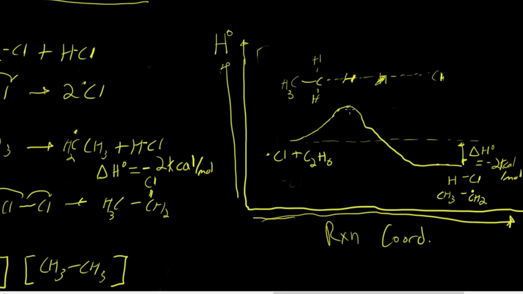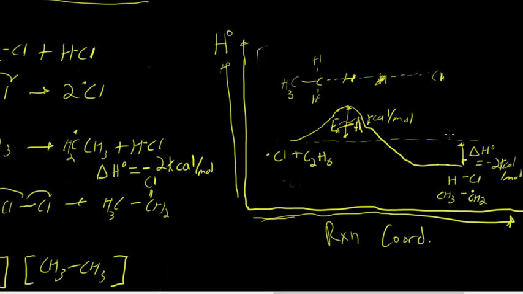Because this activation energy, I forgot to mention that here, the activation energy equals 1 kilocalorie per mole. So this is of course positive because transition states are always higher in energy than reactants, but the energy of this transition state is closer to this than it is to this, right?